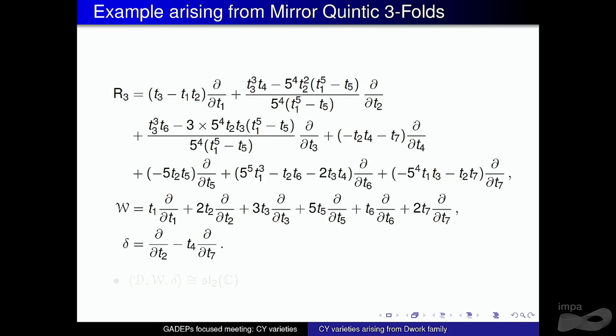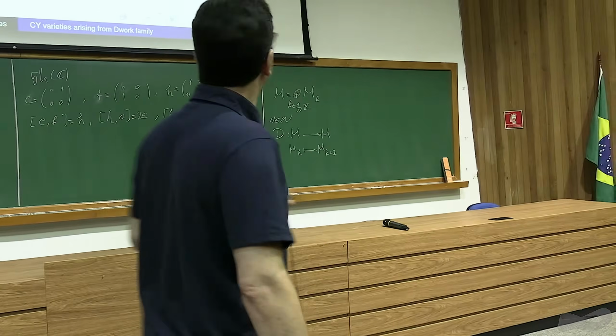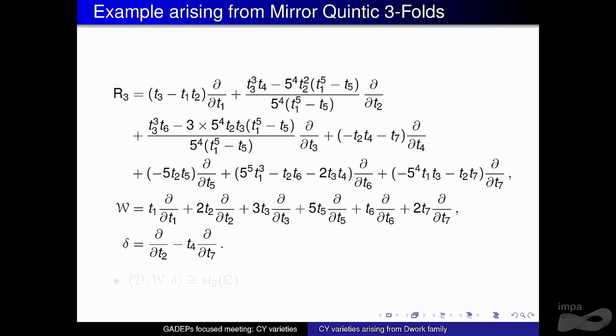But we can consider them also as vector fields. R3 is D, exactly. And we have here the weight operation. We have here the delta. But if you look here, delta is not the same as before.